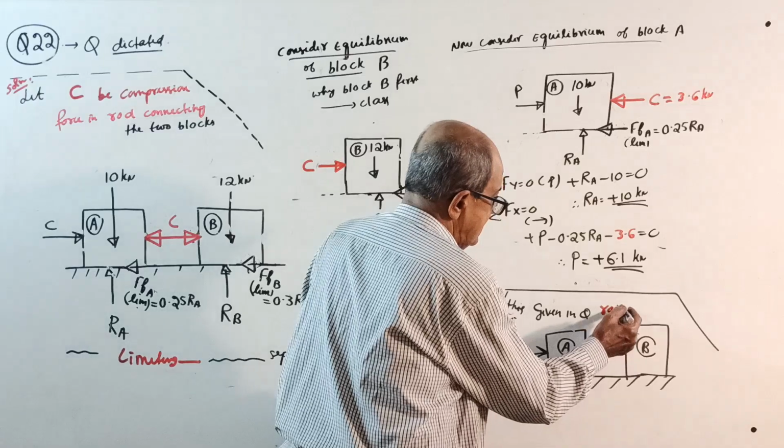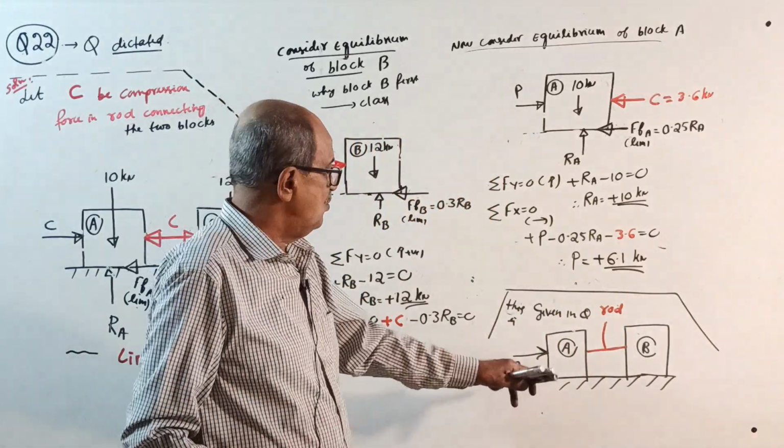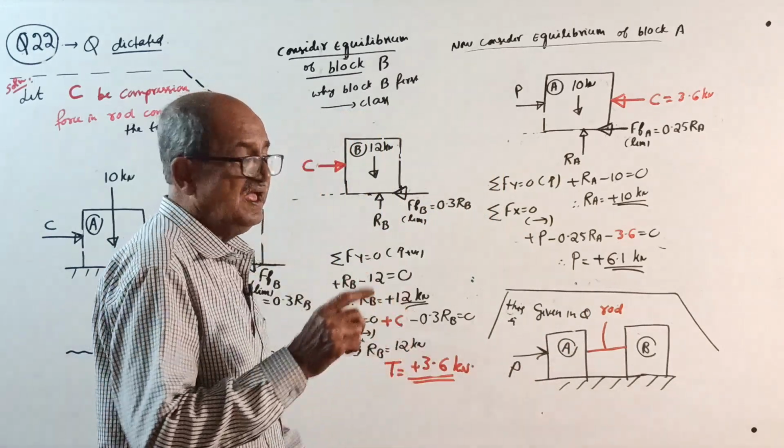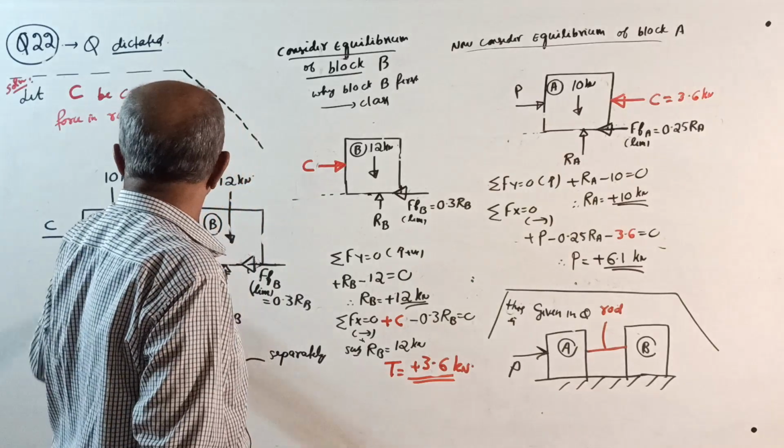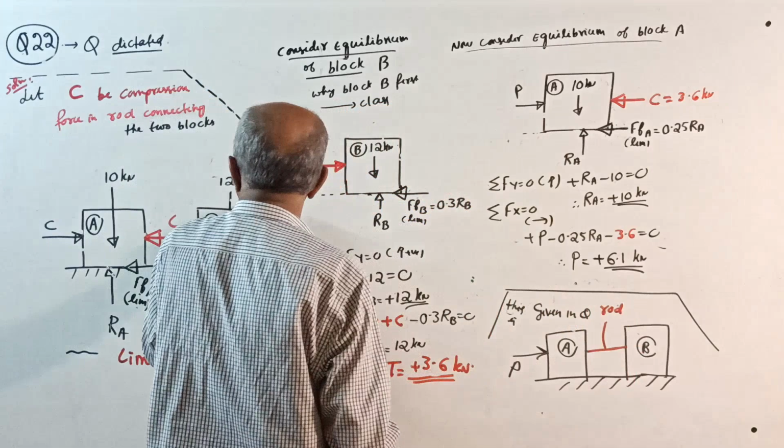They need not tell by a rod. And weight of block A is 10 kilonewton and weight of block B is 12 kilonewton.